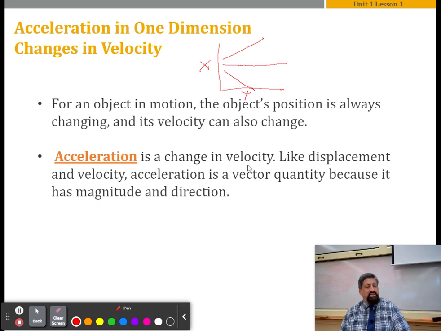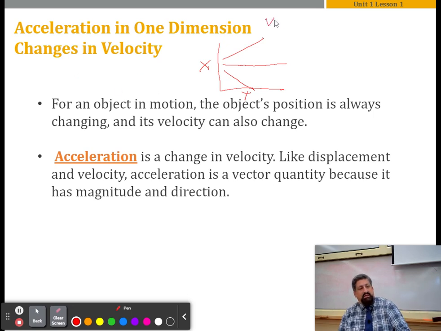Now, acceleration is a change in velocity. When we see straight lines like this, that tells us that there's a constant velocity. Well, with acceleration, we wouldn't see straight lines. We would see curves or possibly angles because acceleration is a change in velocity.